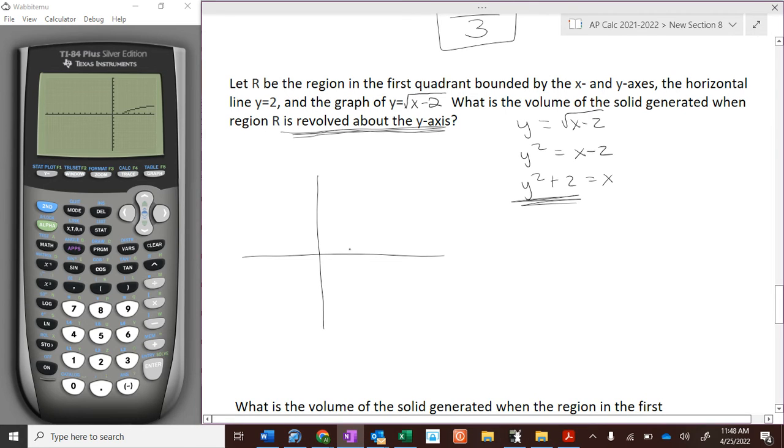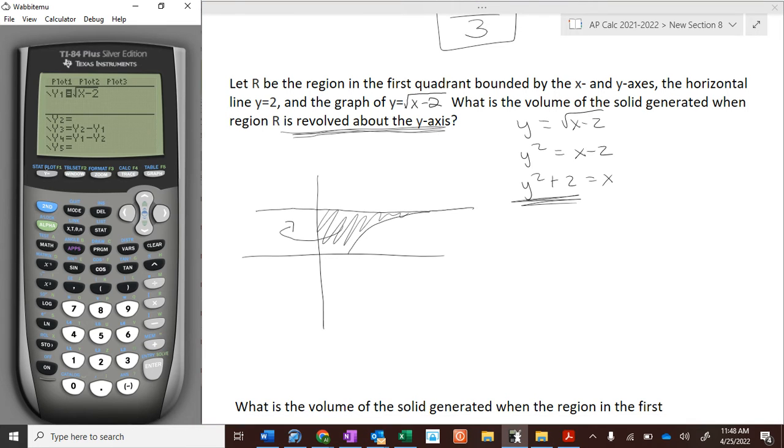So the graph looks like this, and you're going until you hit the line y equals 2. So this is going to be revolved around the y-axis here. Got that? But I'm not going to use this when I integrate.